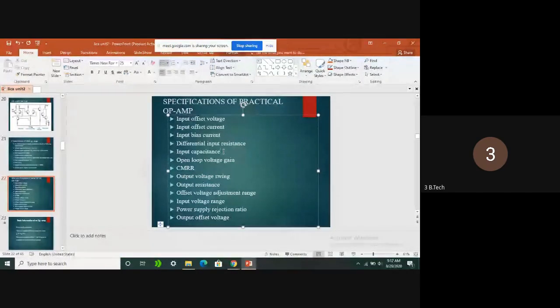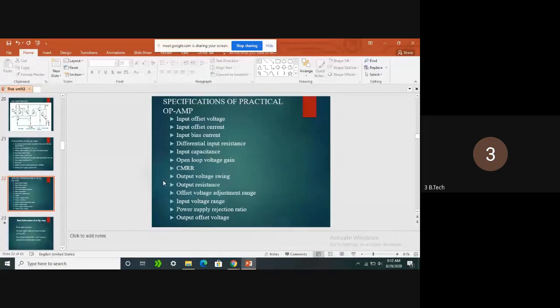We need to take input capacitance into consideration. Whereas if you are applying a DC source at the input terminal, there is no need to take input capacitance into consideration. Hope you got this one.